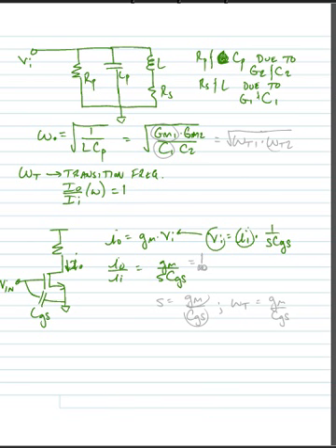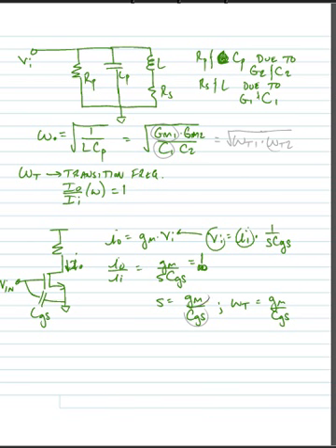And we're looking for the frequency where this expression goes to 1. So we could say that S is equal to Gm over CGS, or we can say that the transition frequency is equal to Gm over CGS. This is the frequency where the current gain of the device goes to unity.